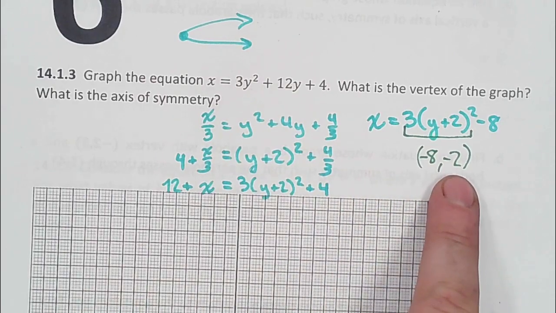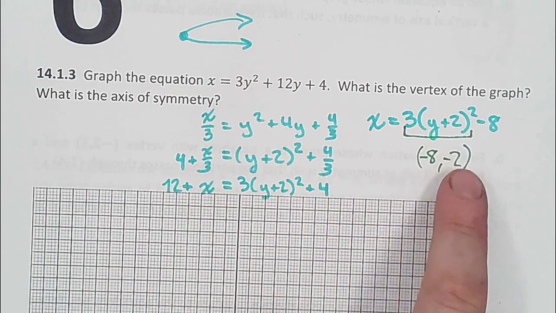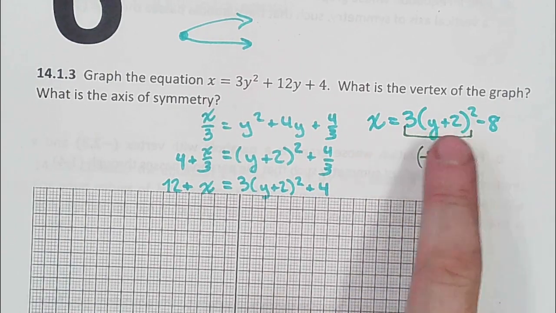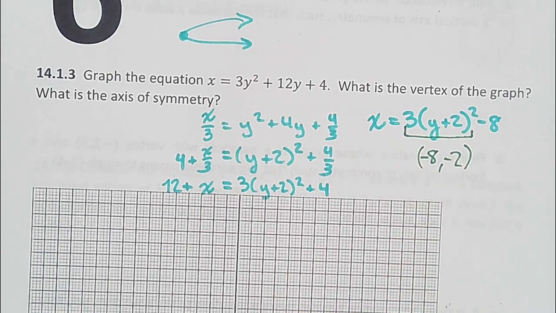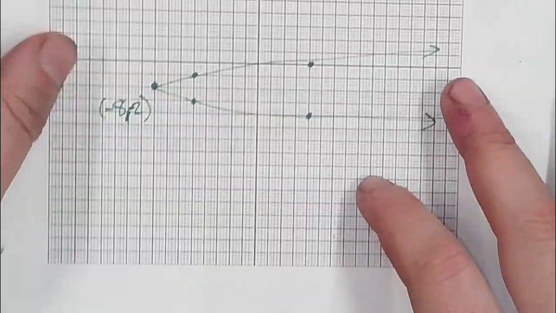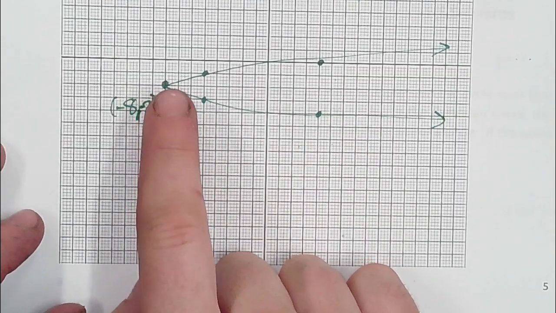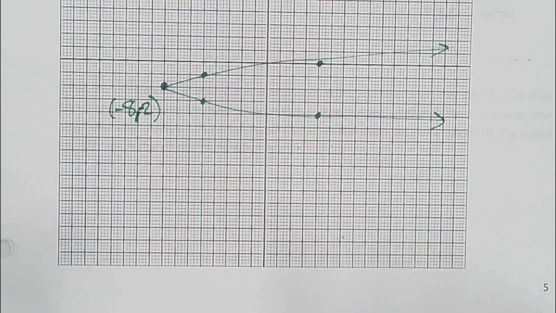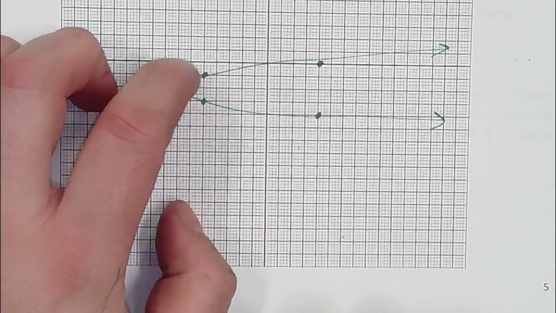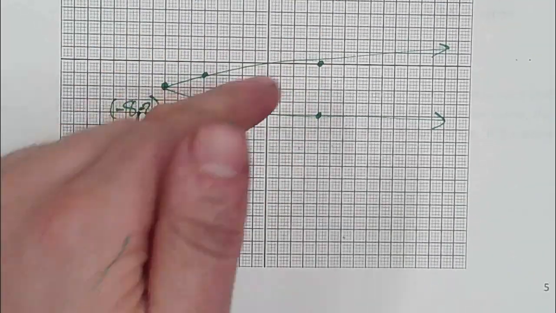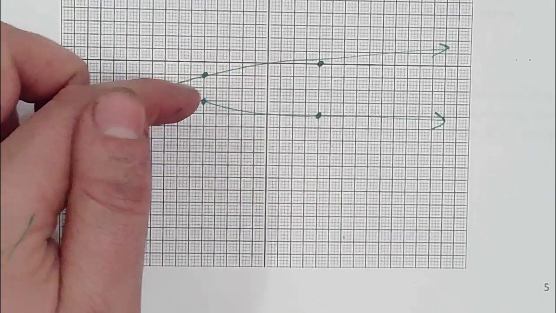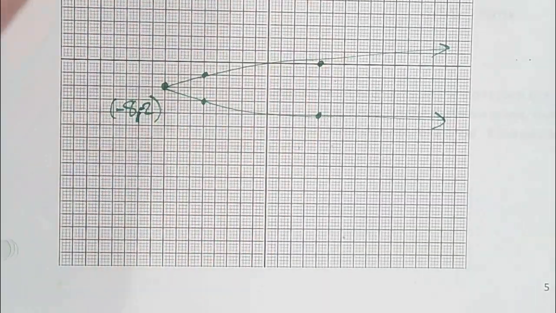Well, when y, and again, y, not x, because we're plugging in for y, when y is negative 2, we plug that in, we get 0 for everything. 0 minus 8 is negative 8. That's our smallest value of x. So that'll be the farthest left we go, which will be our vertex. We move up 3 times as fast in this direction. So instead of 1 getting 1 and 2 getting 4, 1's going to get 3, 2's going to get 12.